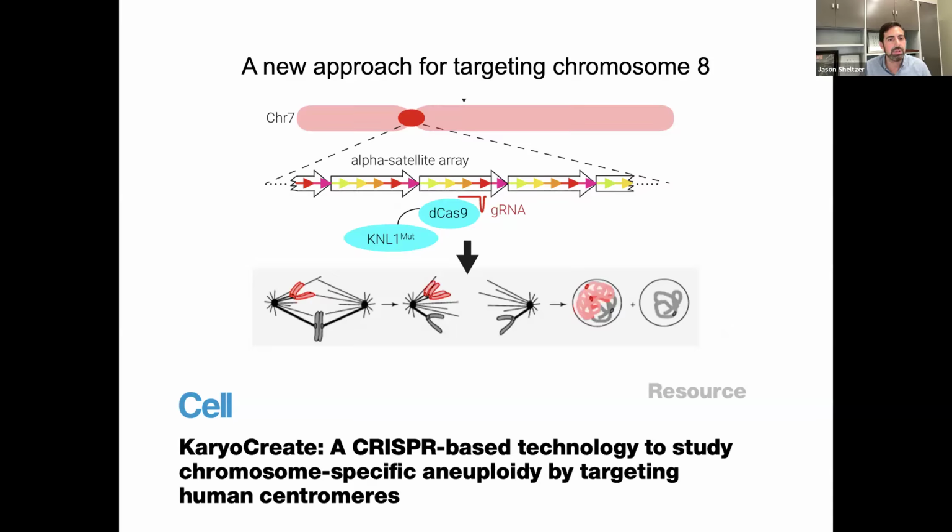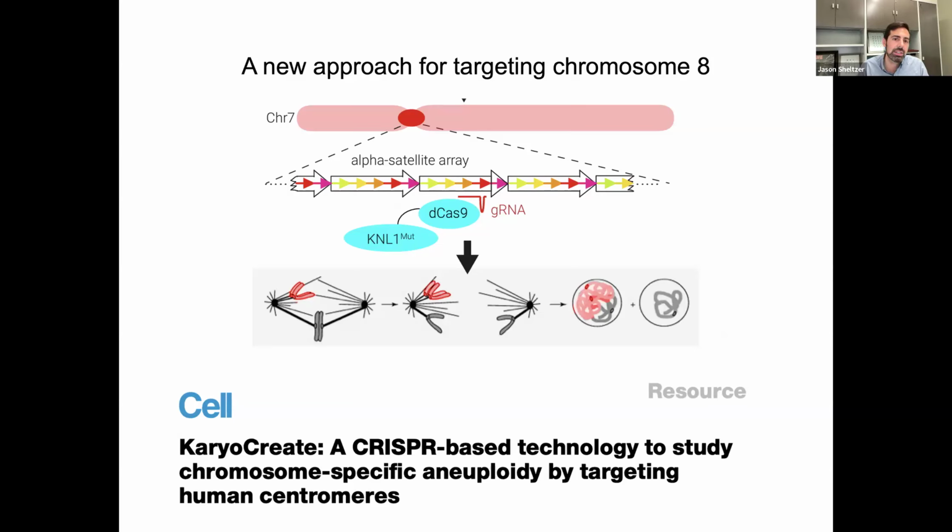In this approach, they use the Cas9 enzyme, which can target a specific DNA sequence, and they fuse Cas9 to a mutant kinetochore protein, which causes the production of a faulty kinetochore on a chromosome of interest.